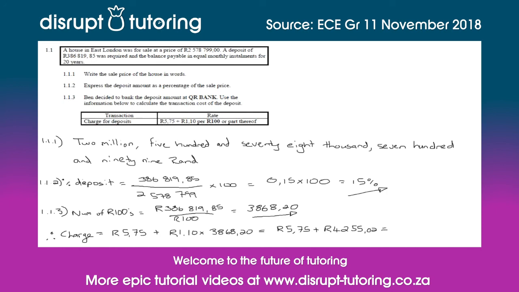And then we need to now add the R5.75 plus this 4,255, and it comes to a total of 4,260 Rand and 77 cents. So that's how much the transaction cost is.